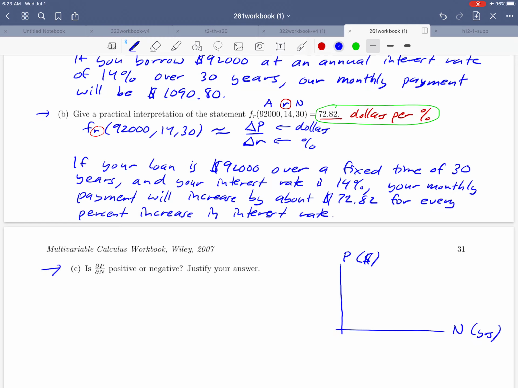Your monthly payment is actually going to be lower if the term of your loan is longer, if it's 30 years, because you have longer to pay off that $92,000. So our monthly payment should go down as the length of our loan increases. We have longer to pay off the loan, and therefore our monthly payment is going to be less. Let's put that into words.